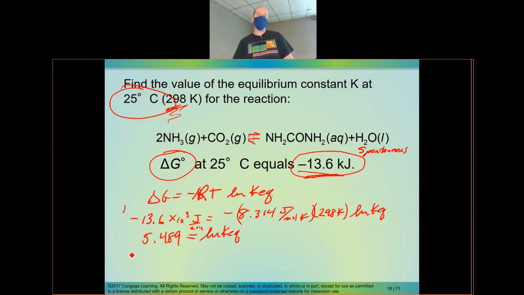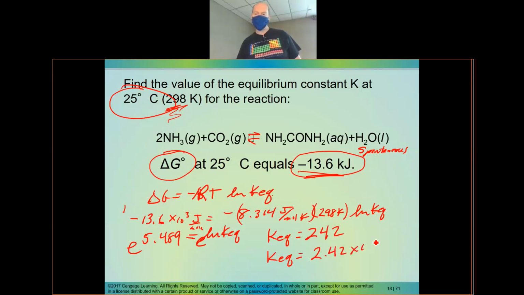And so then to get rid of your ln, you push your e to the x button. So e to that answer, and that gives you 242. So KEQ is equal to 242, or if you put it in scientific notation, 2.42 times 10 to the second.